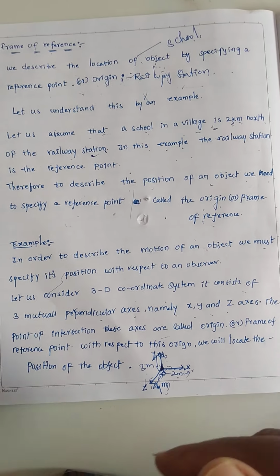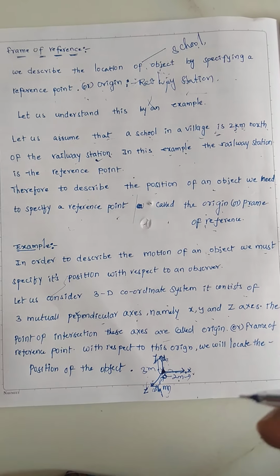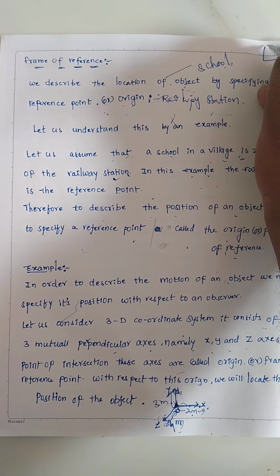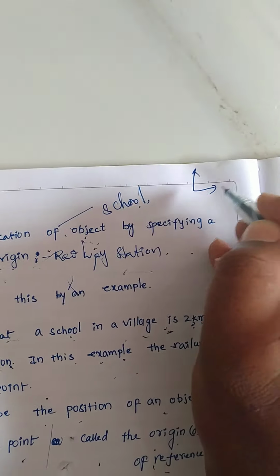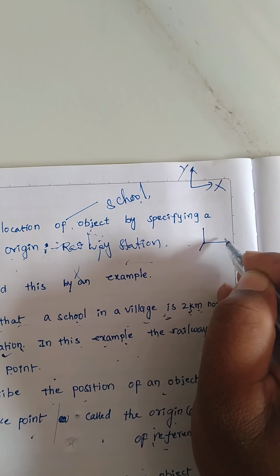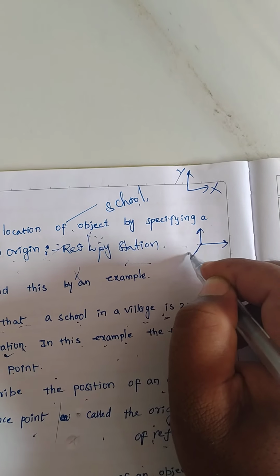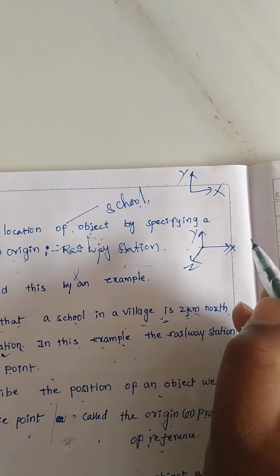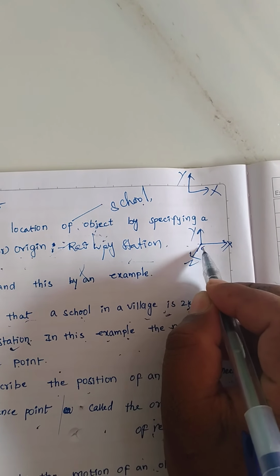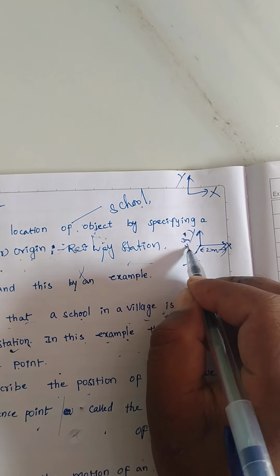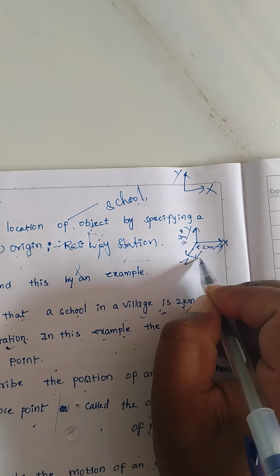For example, a 2D coordinate system consists of two perpendicular axes, x axis and y axis. If you consider a 3D coordinate system, it has three axes, x, y and z axis. For example, I am taking the x distance as 2 meter, y distance as 3 meter and z distance as 5 meter.